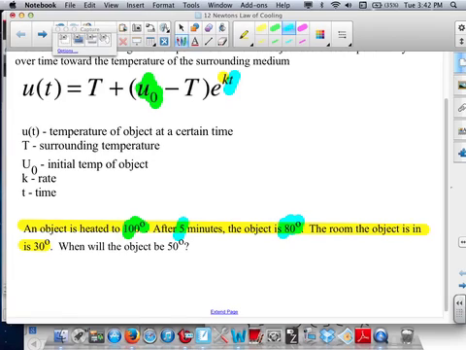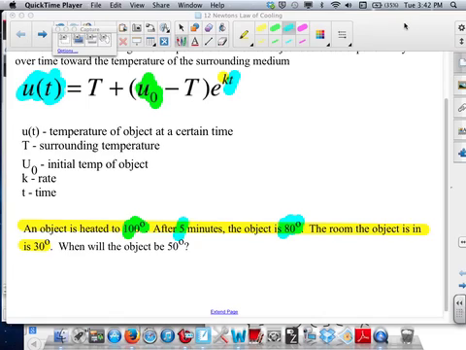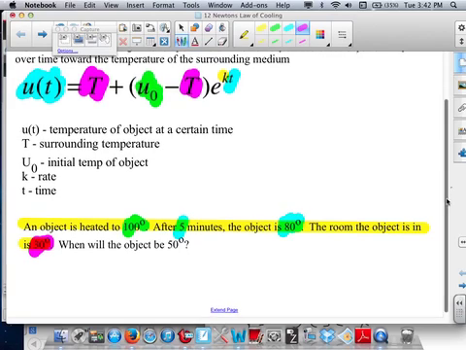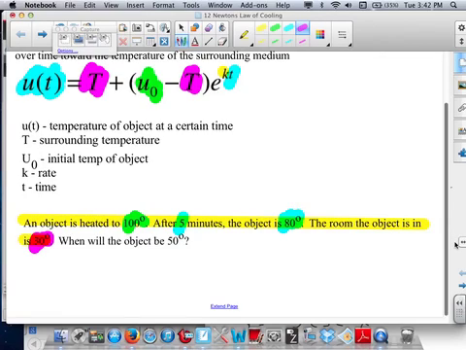That's the temperature at a certain time, and that will go in for U sub T. And then finally, the temperature the object is in is 30 degrees. That 30 degrees will go in for this T and this T. That's what that capital T stands for, the temperature of the surrounding area. So you can see that we're going to be able to solve for K because we'll be able to plug in for everything. So let's go ahead and find K first.